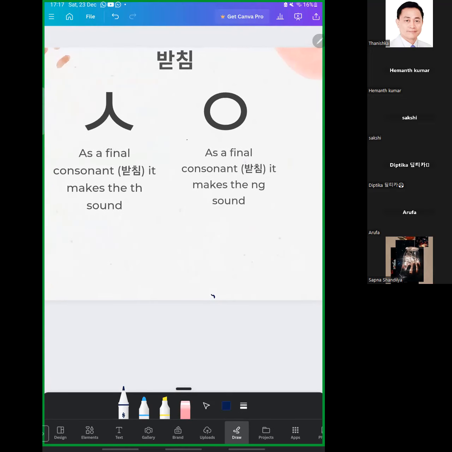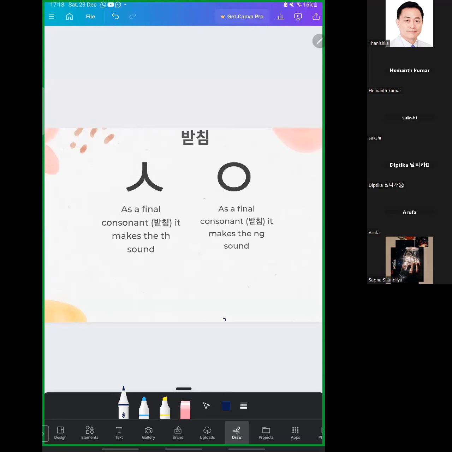Now, if you have a letter, in this character, Arufa, which one do you think is the final consonant? Na, correct. So this na is called the bhatshim. So bhatshims have certain rules. We had already learned two bhatshims before, the sa and the empty one.